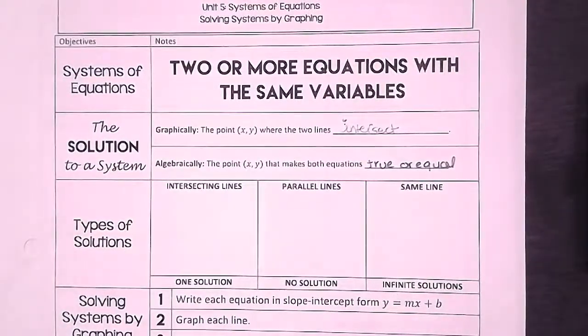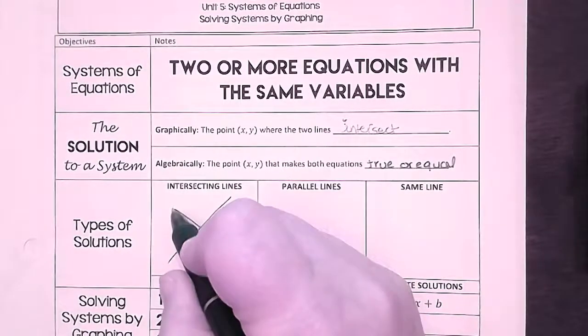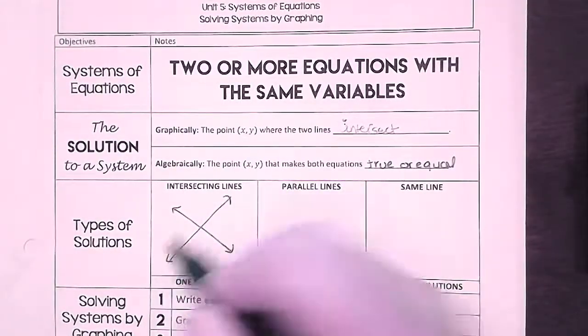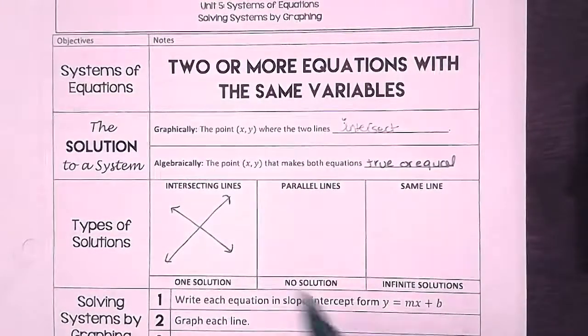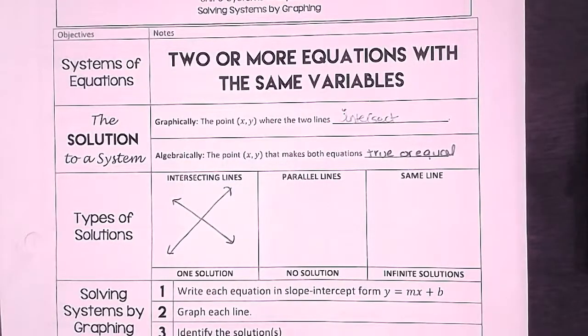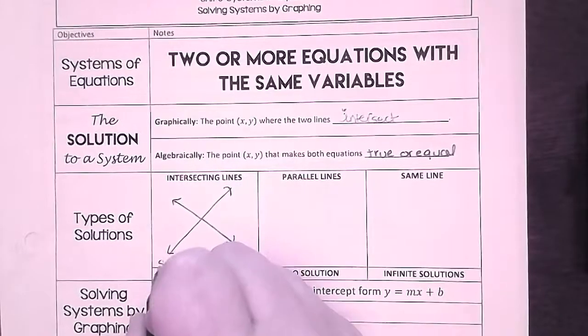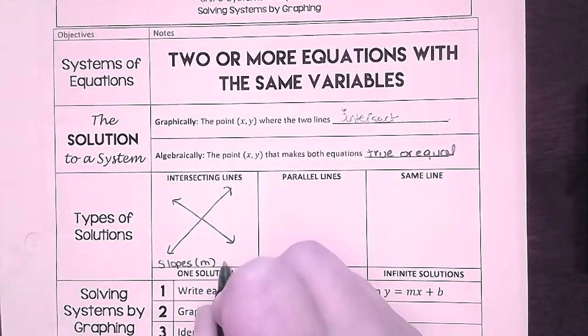You can have intersecting lines, where they intersect at one point. When we're doing this by graphing, we're putting everything into slope-intercept form. For this, I always tell everyone, you know they're going to intersect if their slopes, which is the m, are different.